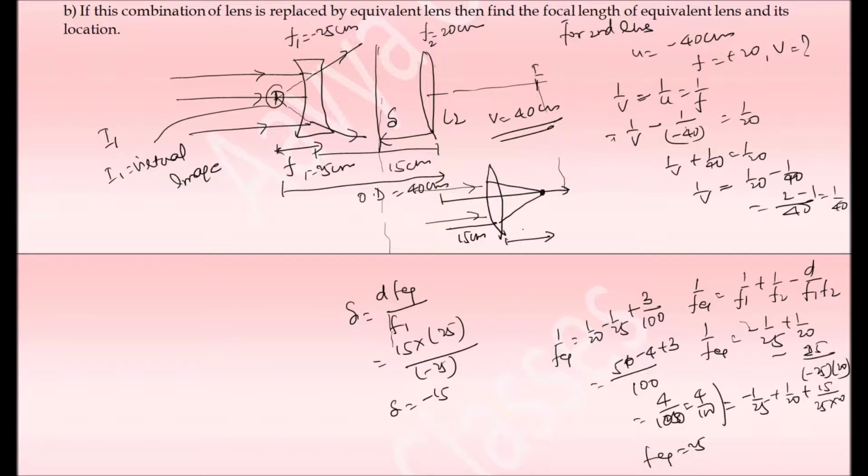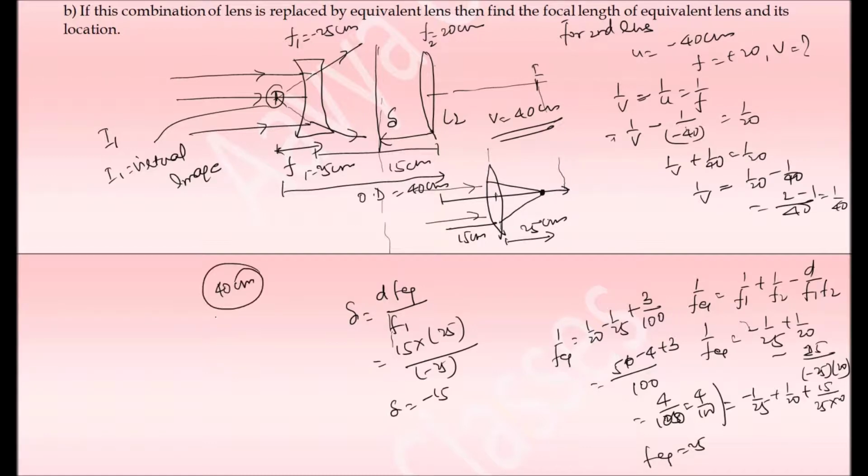Now a parallel beam of light rays will come and meet the principal axis at a point equal to the equivalent focal length. So from the equivalent lens, the image will be formed at 25 centimeter from this optical center. So clearly the distance at which the image will be formed from the second lens will be 15 plus 25 centimeter, that is 40 centimeter.